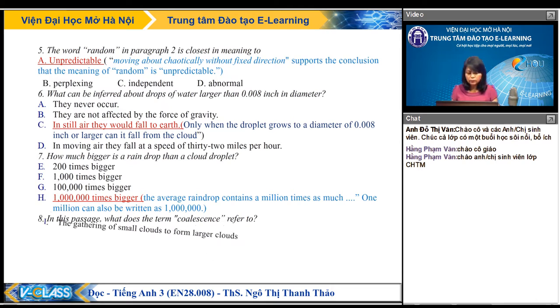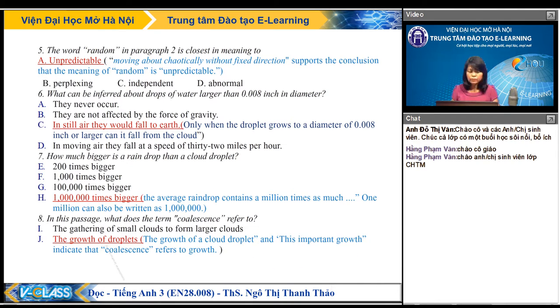Next one, number 8. In the passage, what does the term coalescence refer to? The answer here is it refers to the growth of the droplet. Why?